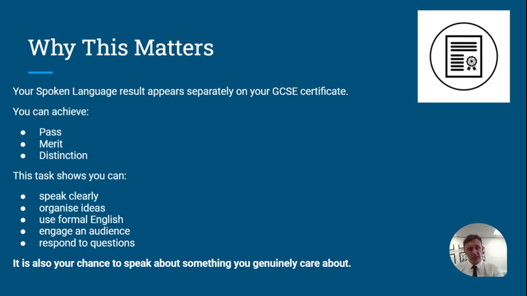It really matters this though, okay, because by doing well in your speech, you're showing you can speak clearly, you can speak confidently, and you can speak in a formal way. And that's really, really useful for college or for sixth form, whether you're applying for apprenticeships, going for particular jobs, in interviews, and also just in real adult life.